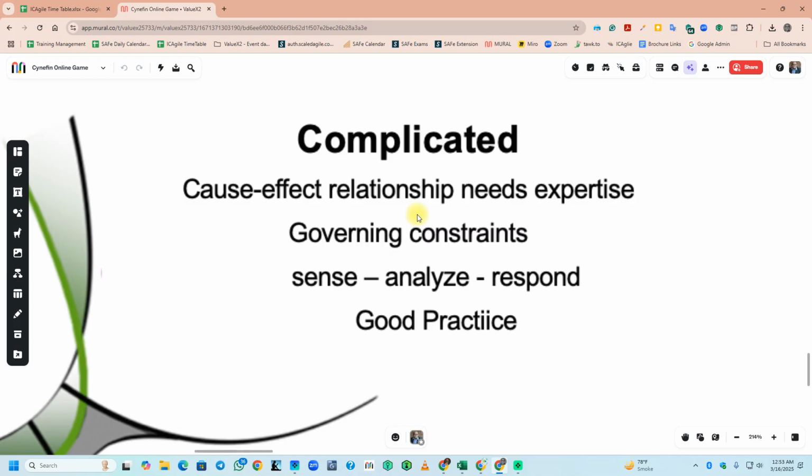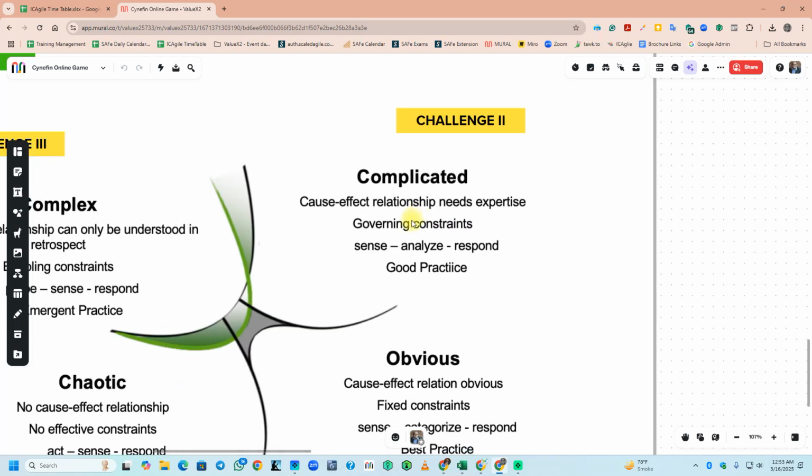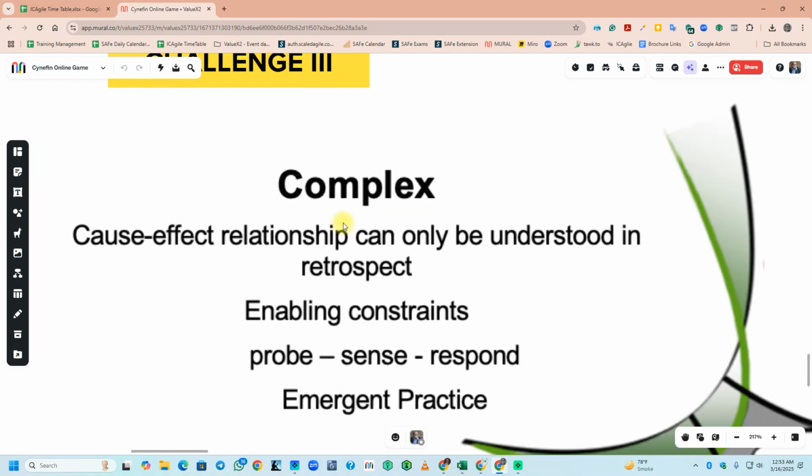But now there are certain queries that are very complex in nature, which cannot even be answered by your team leaders or the level up. In those cases, the customer support agent and the team leader together need to probe.